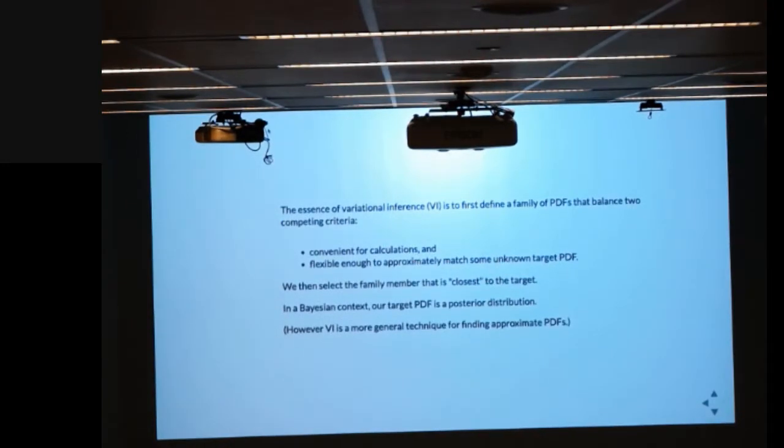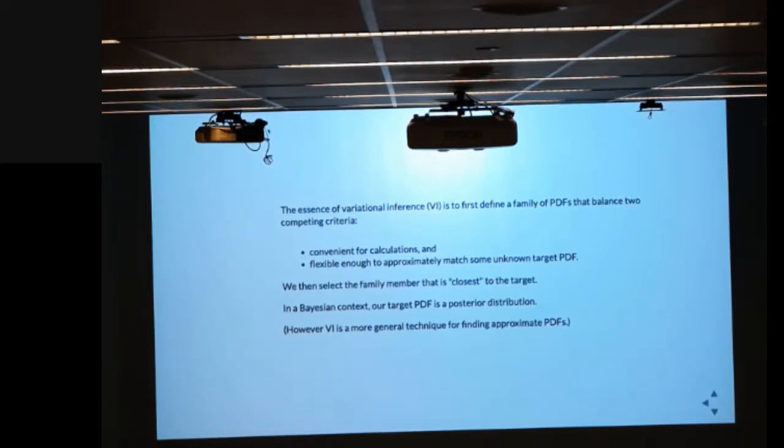So the essence of this variational, or VI, approach is you first need to define a family of probability densities that are going to balance 2 competing criteria. You want a family that's convenient for calculations and flexible enough to match, at least approximately, the PDF that you actually care about, which for Bayesian computing is going to be the posterior.